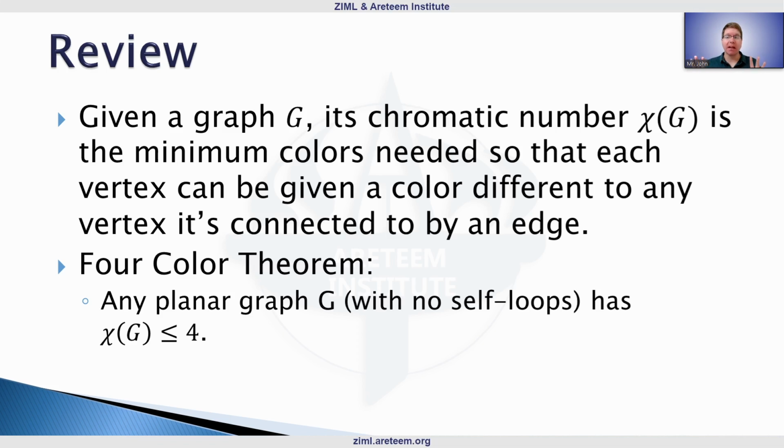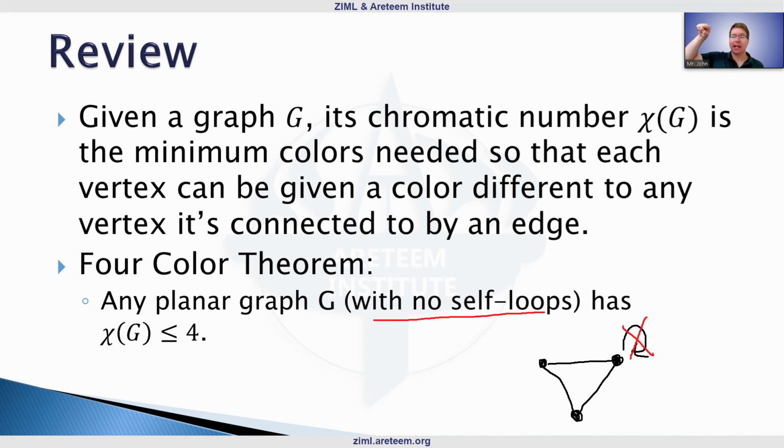There's a little caveat I want to bring up here. A lot of the times when you're thinking about a graph abstractly in mathematics, there are scenarios where it makes sense for this self loop to happen. So when we say no self loops here, we mean something like this picture we have up there.